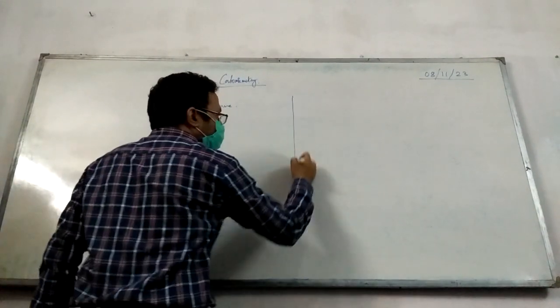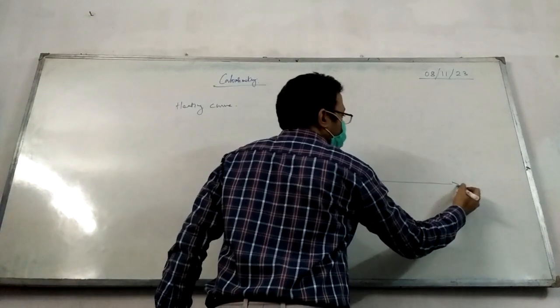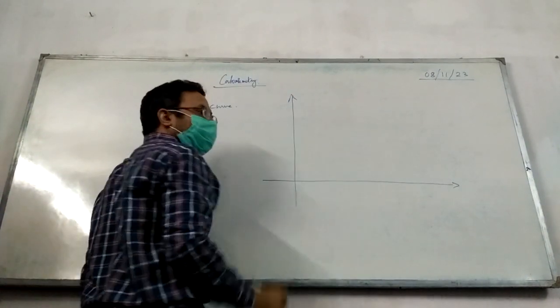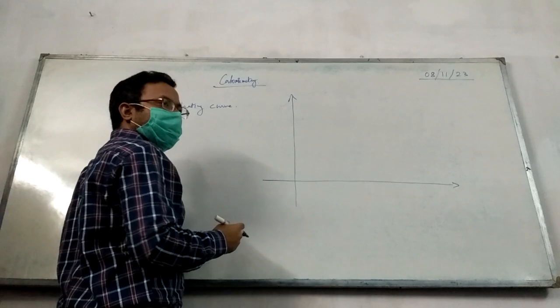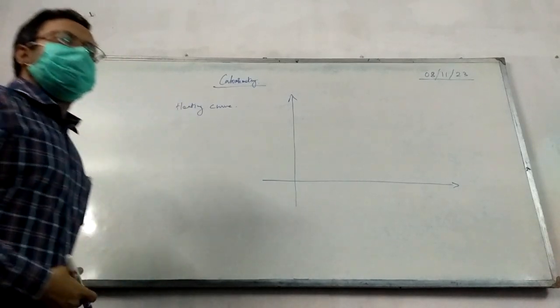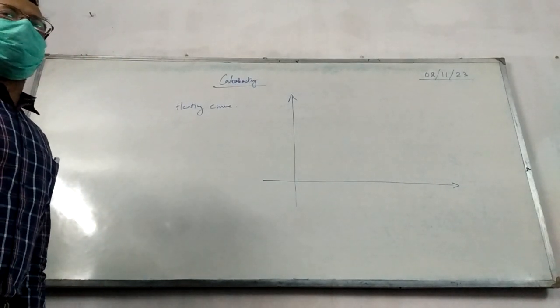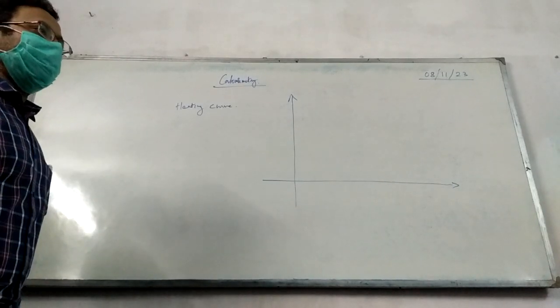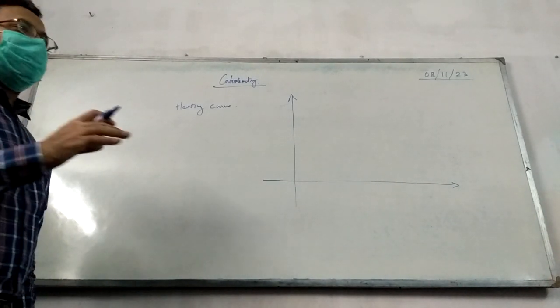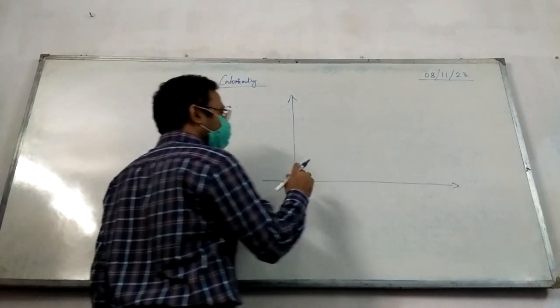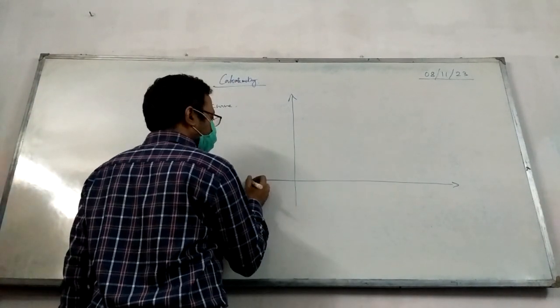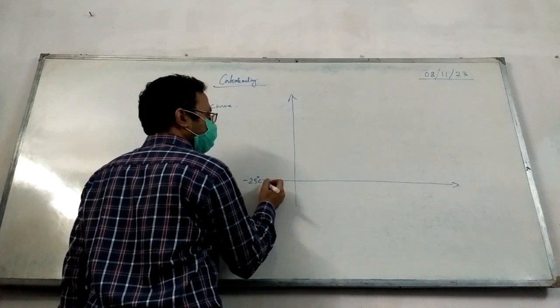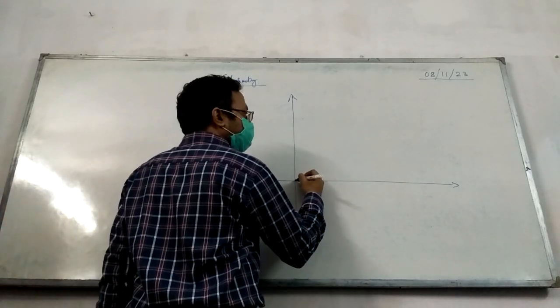If we take up any solid, let's take up ice. Say you are in a freezing country where the room temperature is minus 25 degrees Celsius. Then obviously the water will be in the solid state, ice state. So say this is minus 25 degrees Celsius, and you start supplying heat energy to it.